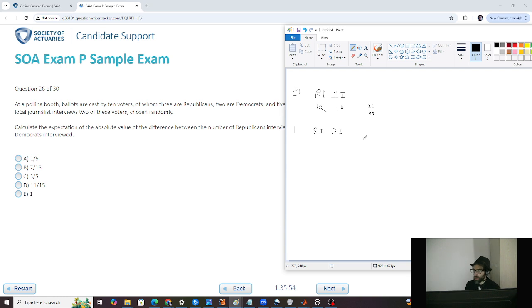Let's be careful about this. If this is just what we're choosing, hold on. Any two independents, any Republican and any Democrat. I think so. I never said who was first. One Republican, one Democrat. Sorry, that's a 6. That's going to make this a 16.